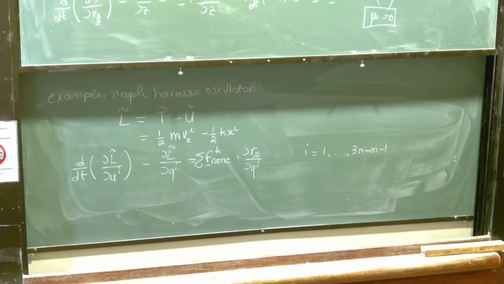So I'm not calculating the full 3n equations. I'm calculating the first 3n minus m minus 1. I'll get the equations of motion.